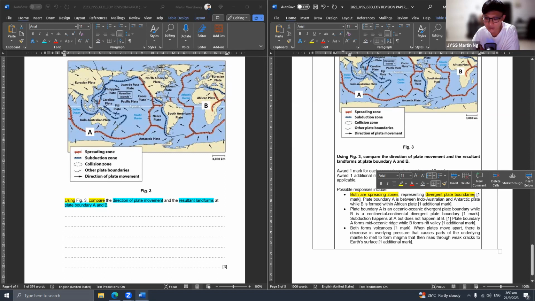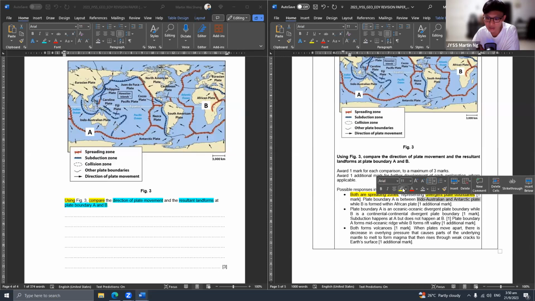Then the additional mark is to quote the data from the picture as evidence. So plate boundary A is between Indo-Australian and the Antarctic plate, while B is formed within the African plate. You can see that this line over here is in the African plate itself. So we say within the African plate.